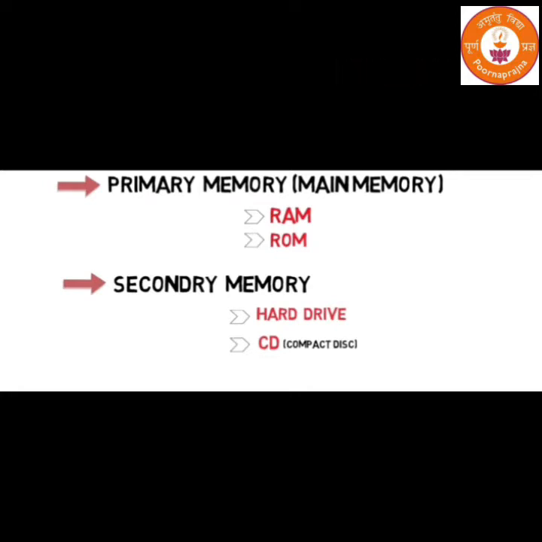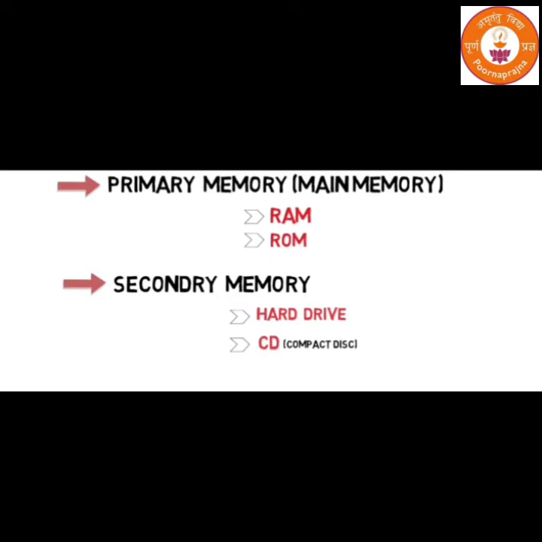So here you can see the clear picture. Primary memory is also known as the main memory, that is inside the processor, inside the CPU. That is divided into two parts: random access memory and read-only memory, RAM and ROM. Secondary memory is outside the CPU. It is called hard disk and compact disk. Examples of secondary memories are hard disk and compact disk.